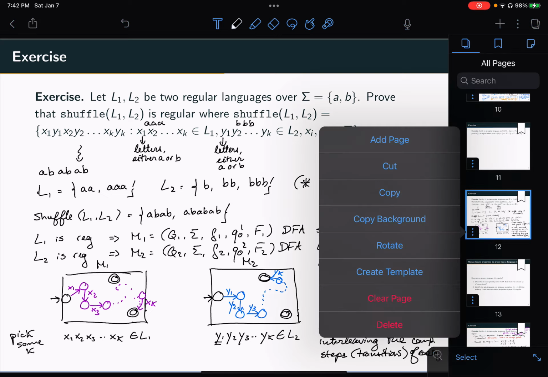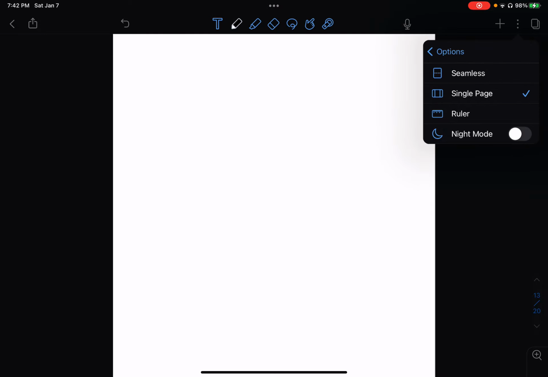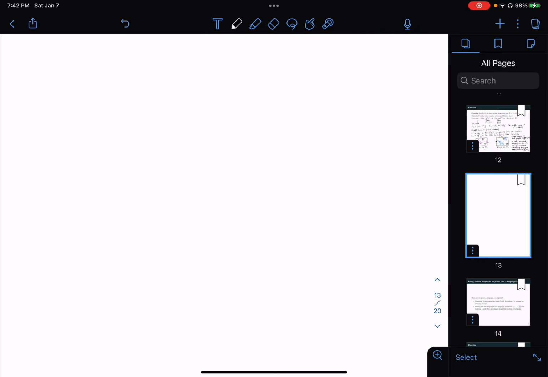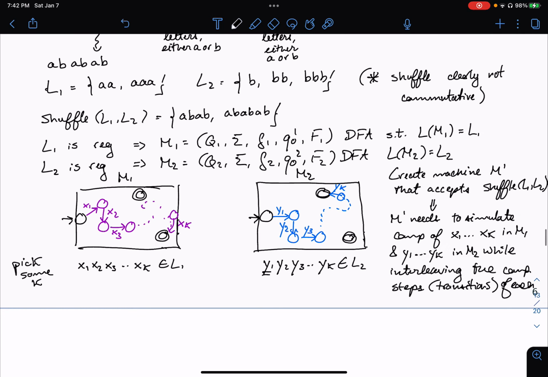Okay, so you're probably thinking, what the heck does that mean? So let's do an example of what interleaving the computational steps of each machine means.